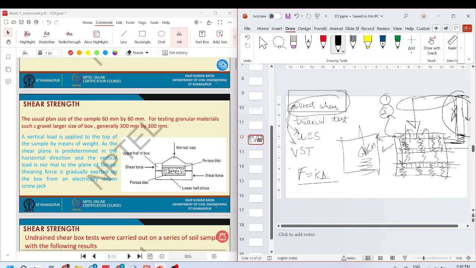It is in excess to the actual, it is not the actual pore water pressure. Actual pore water pressure is hydrostatic, it is the same in all directions. This is excess pore water pressure due to loading and low permeability.